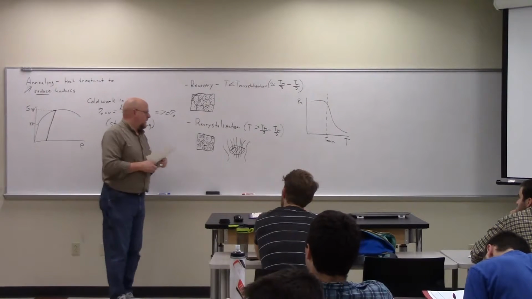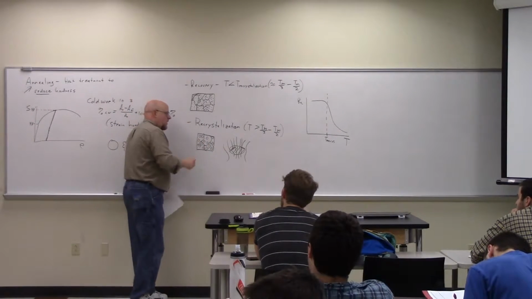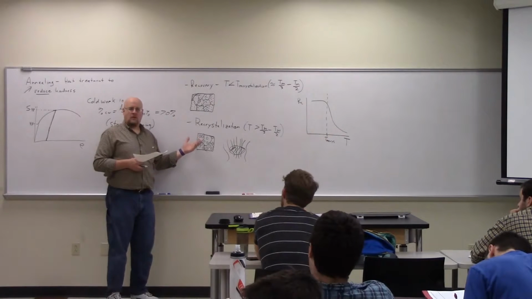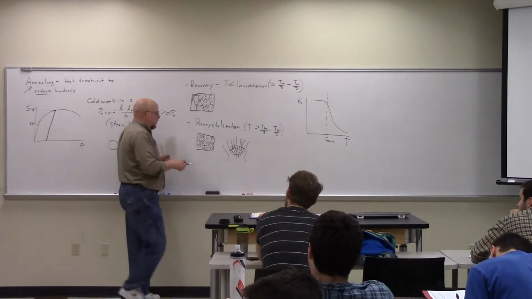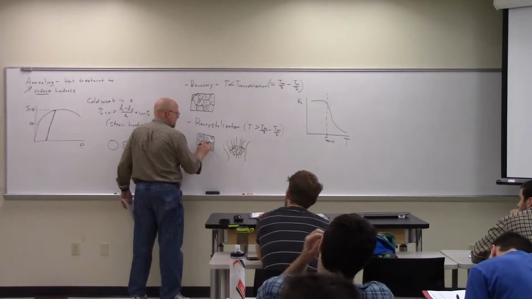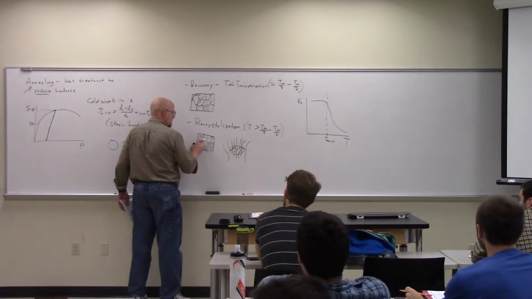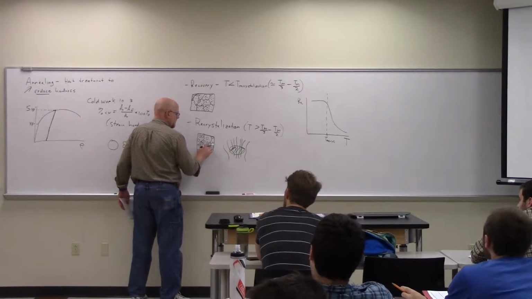So if I do it just a little bit, then you're right, I end up with a bunch of small grains, and it's not nearly as soft as it was to begin with. But if I let it go a long time, what I effectively end up doing is erasing all these things.